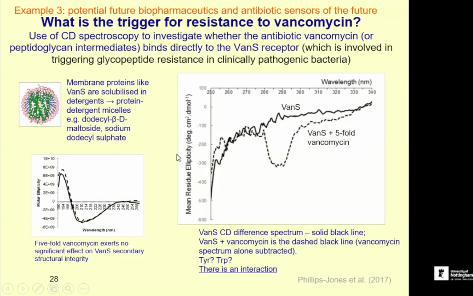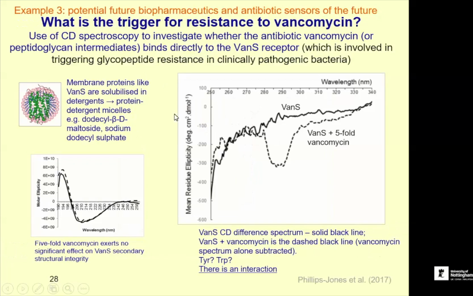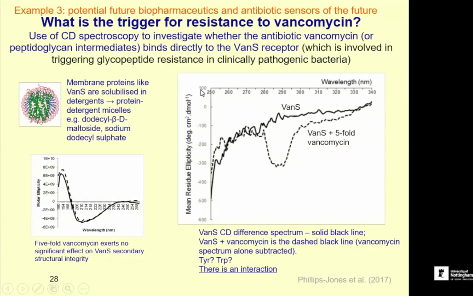So, the research I'm talking about, I suppose, is my own, where to answer that question, we produce the Van-S sensor as a purified protein, a membrane protein. Tricky to do, but we managed to produce the purified protein in detergent to solubilize it in solution, and then challenge it with vancomycin and challenge it with peptidoglycan precursors and see whether there's any binding, whether it binds to Van-S or not, and hence could be the signal for activating this resistance mechanism.